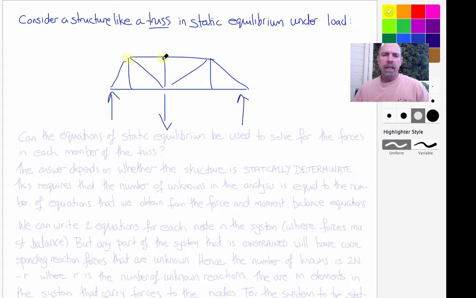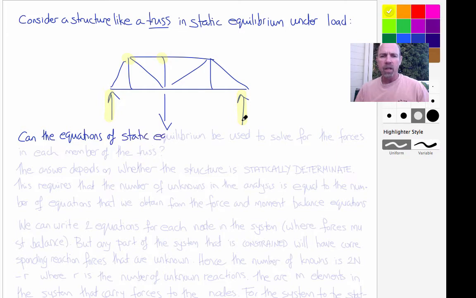In other words, these joints are free to rotate if they can, but they transmit forces. We will also have loads acting on the structure and reaction forces, in this case at the ends here, where the structure is constrained.